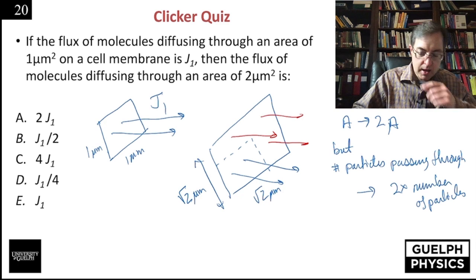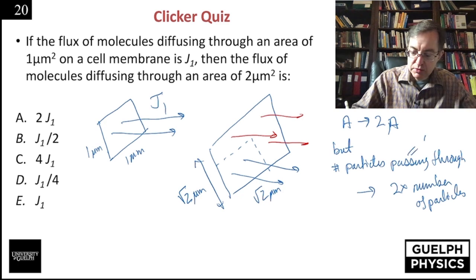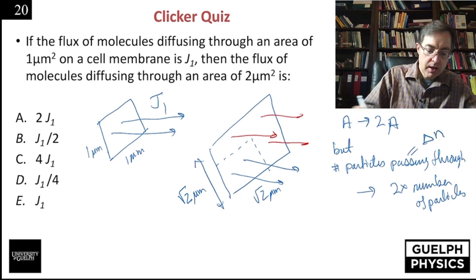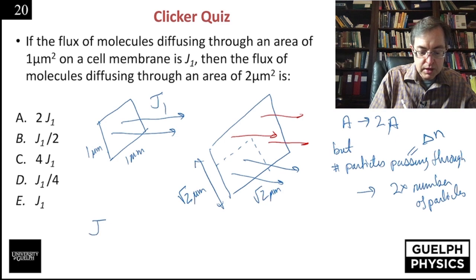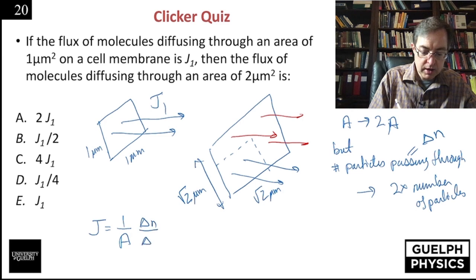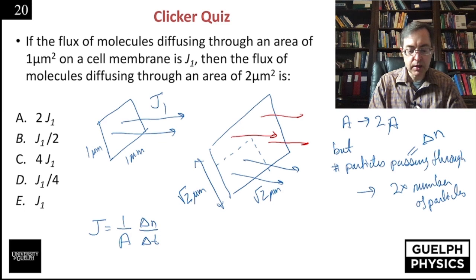This number of particles passing through is what we call delta n, and you look on the formula sheet for the definition of the flux, which is J equals 1 over the area times delta n per unit delta t.